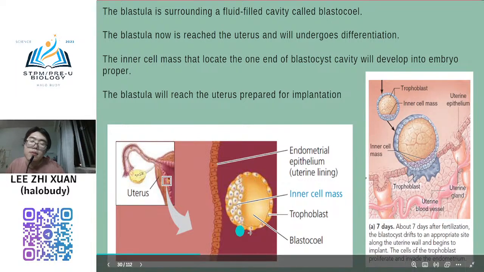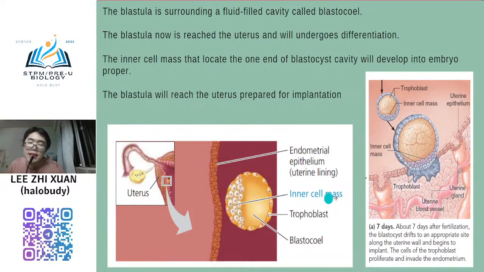And then inside the blastocyst, there are many structures. There is one structure we call the trophoblast. This surrounding here we call the trophoblast. This is not the trophoblast, this we call the inner cell mass.